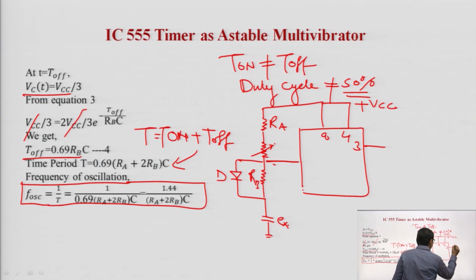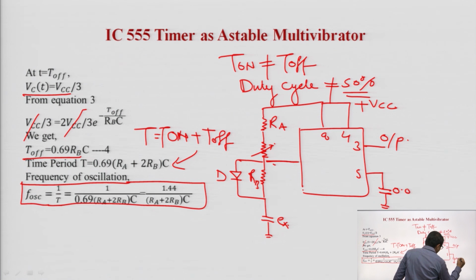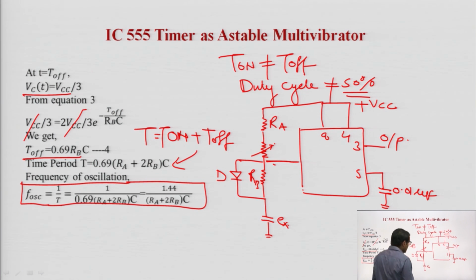This is pin number 3 for output, 5 has 0.01 microfarad, 1 is ground, and here is the discharge pin number 7.